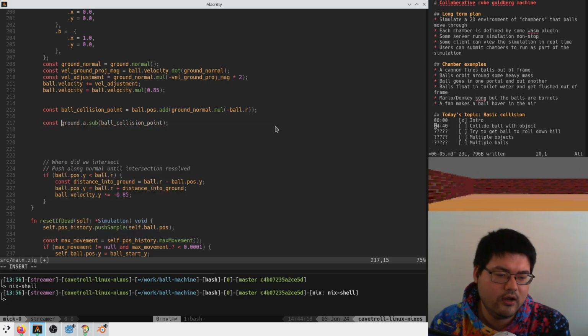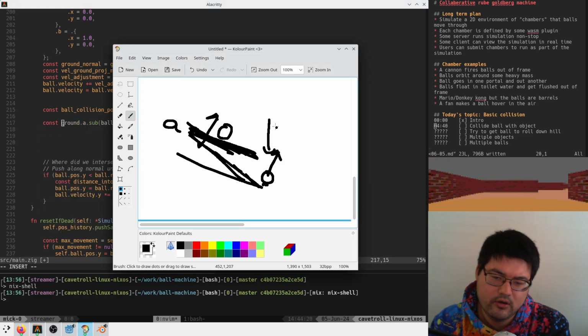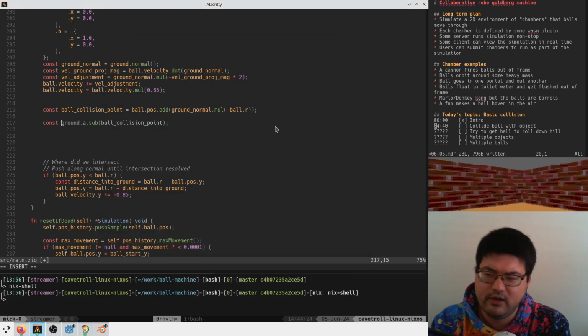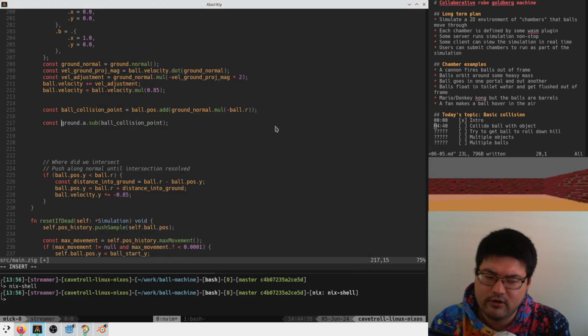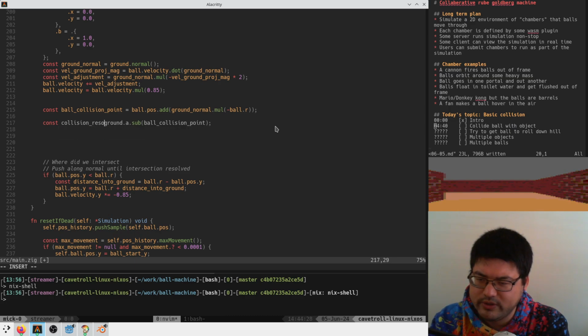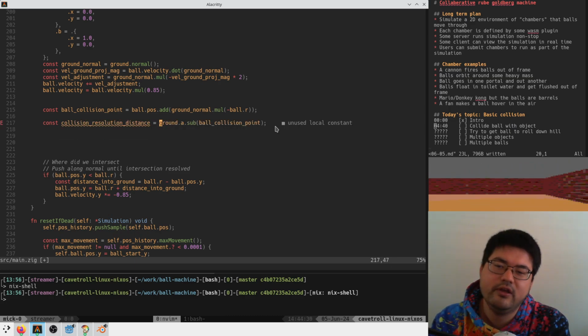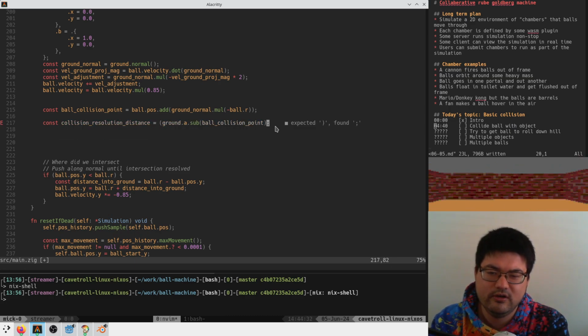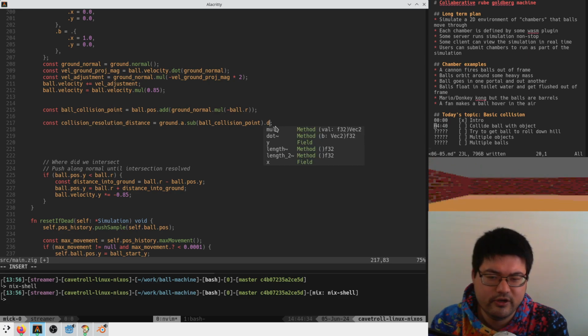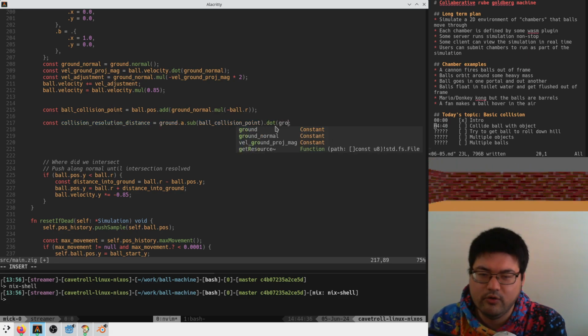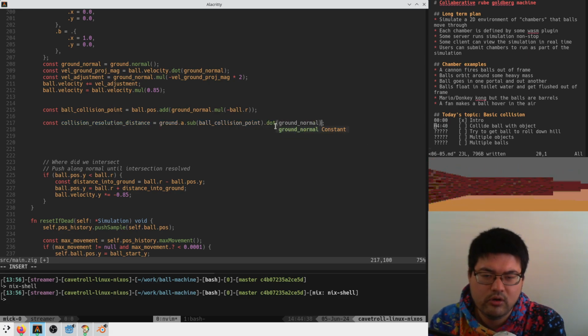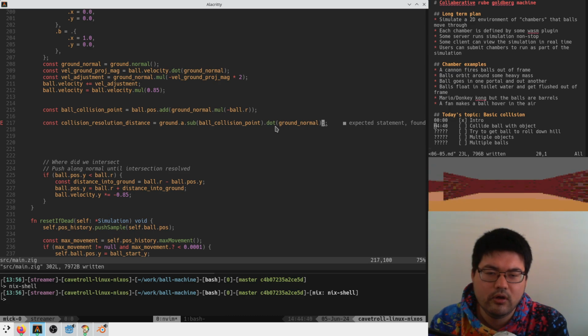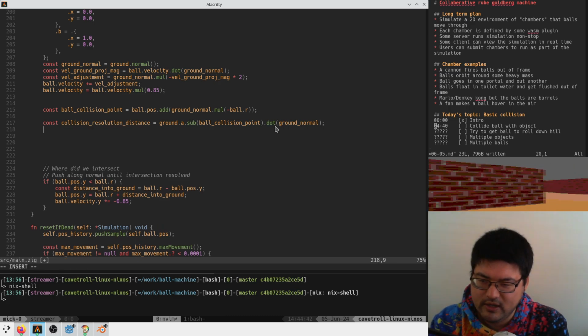And then we say const collision resolution distance is this dot product with the ground normal.